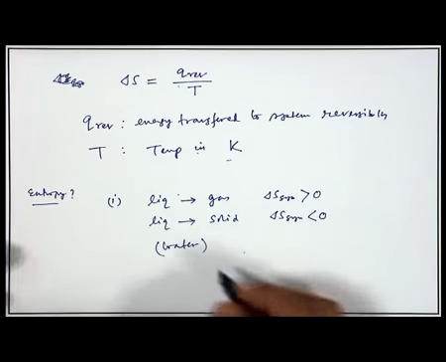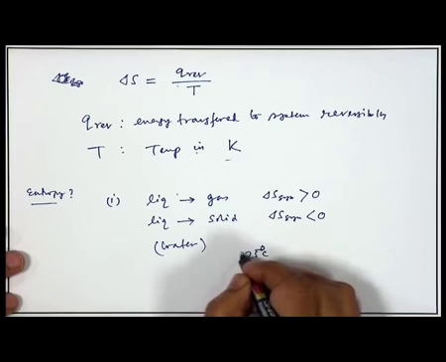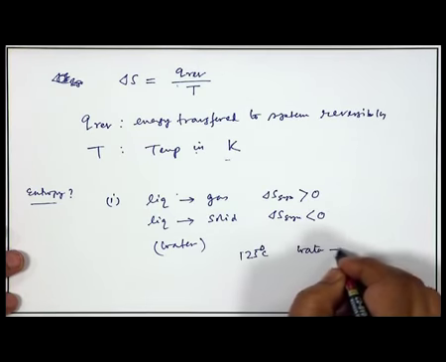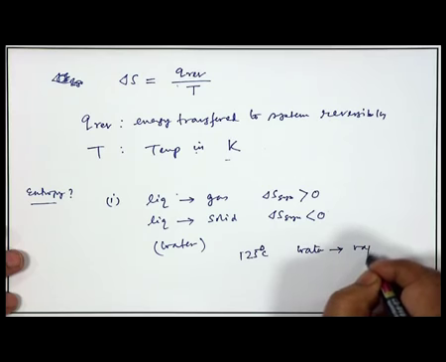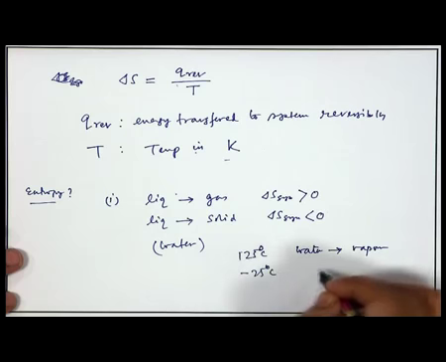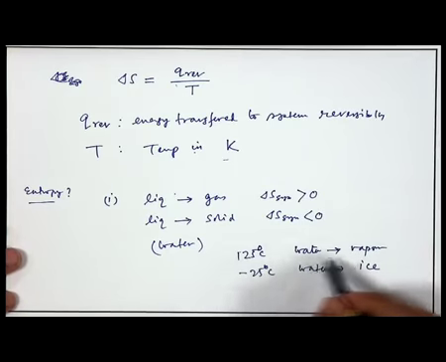If I talk about say 125 degree centigrade, then water will become water vapor spontaneously. If I talk about minus 25 degree centigrade, then water will become ice spontaneously. Now, in this case the entropy of water is increasing, and in this case entropy of water is decreasing.